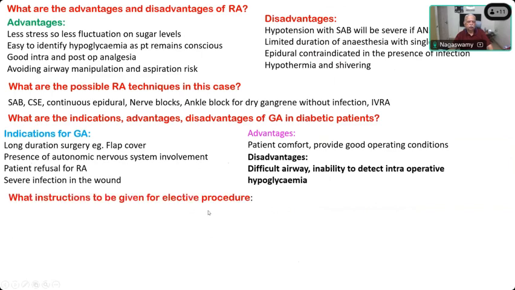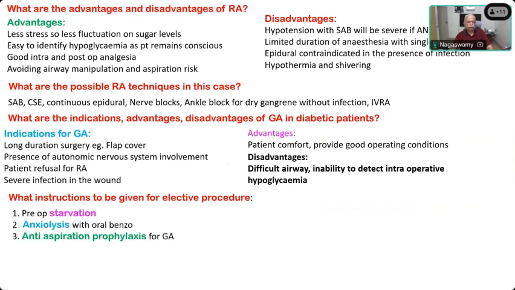What instruction to be given for an elective procedure for the diabetic patient? Fasting guidelines, sir. Always start with that. Anxiolysis with the oral benzodiazepine.